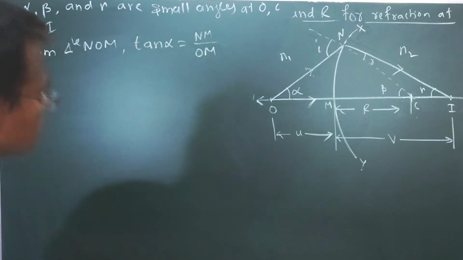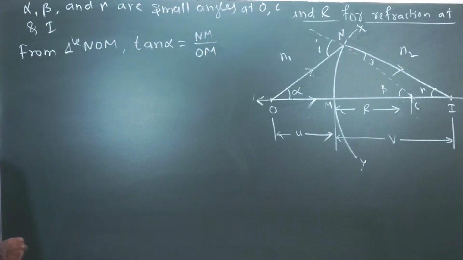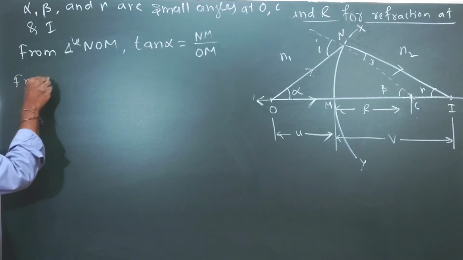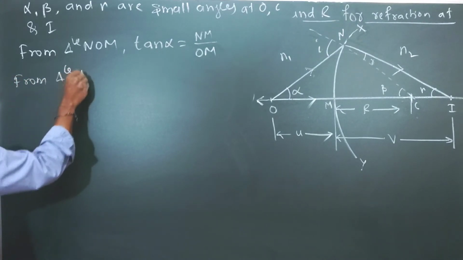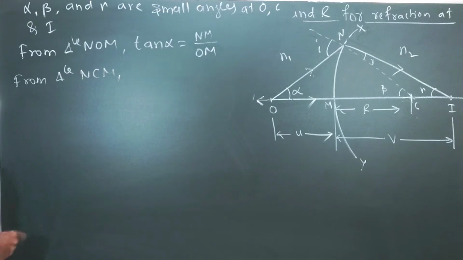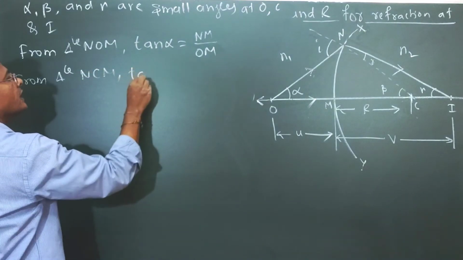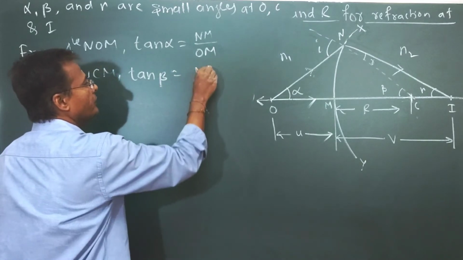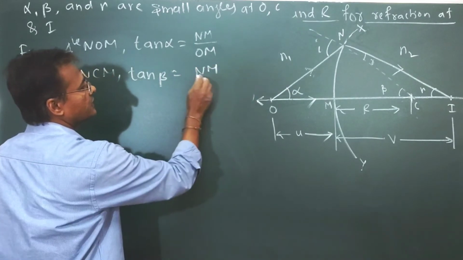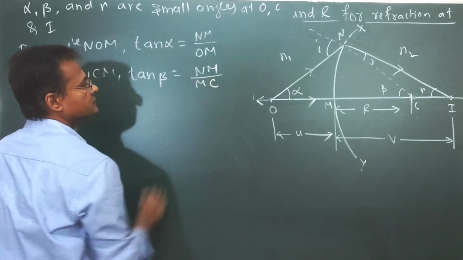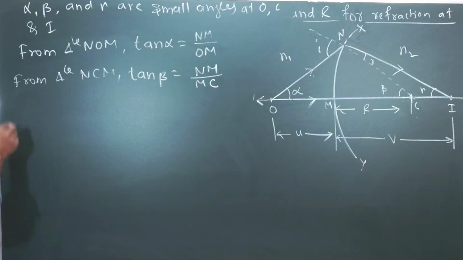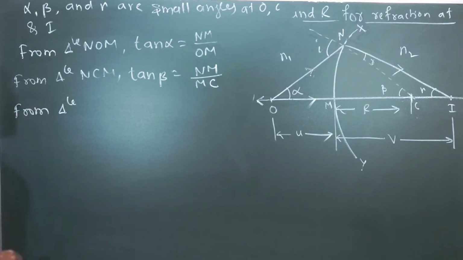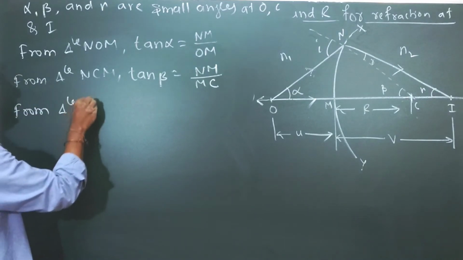Then from another triangle, NCM, tan beta equals, again, opposite is NM, adjacent is MC. Next, another triangle we can see is triangle NIM.